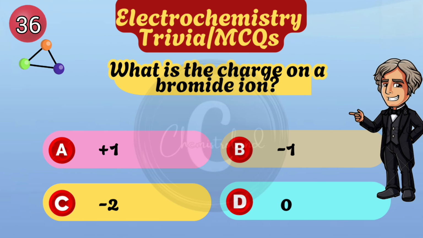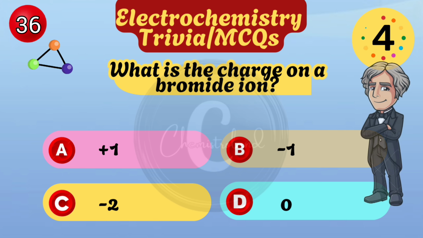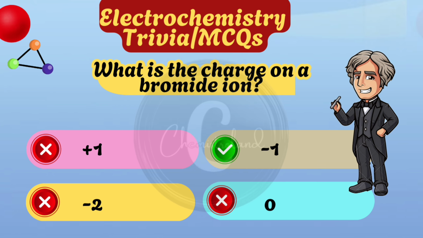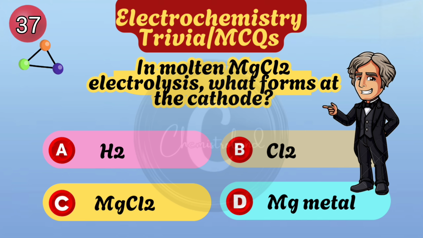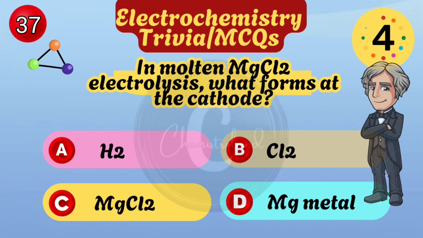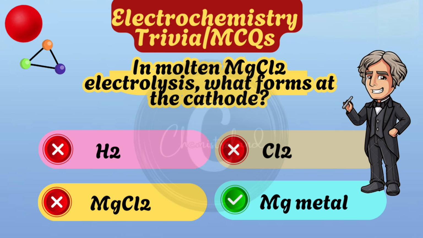What is the charge on a bromide ion? -1. In molten magnesium chloride electrolysis, what forms at the cathode? Magnesium metal.